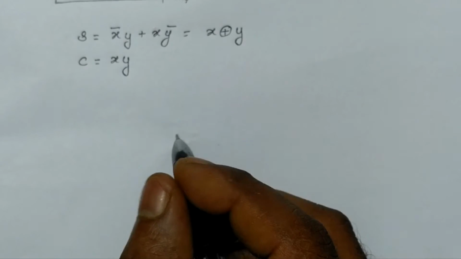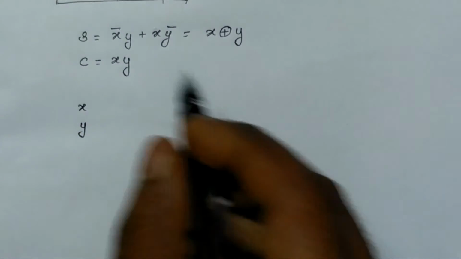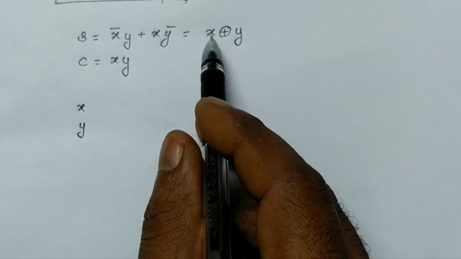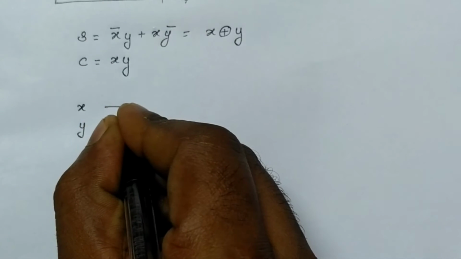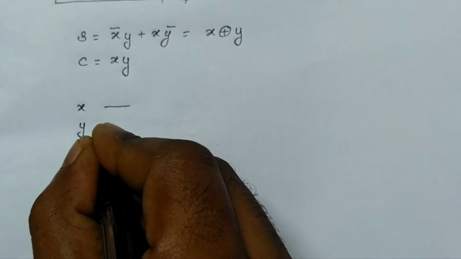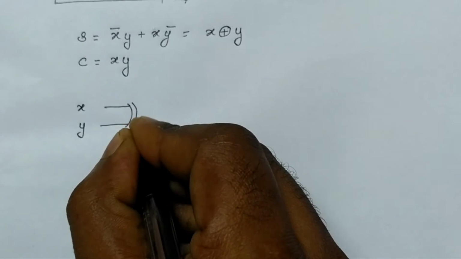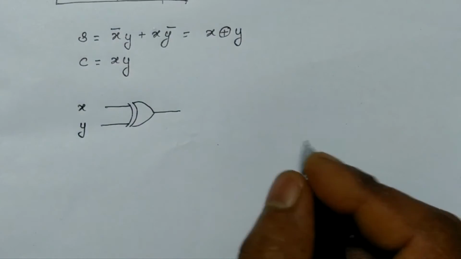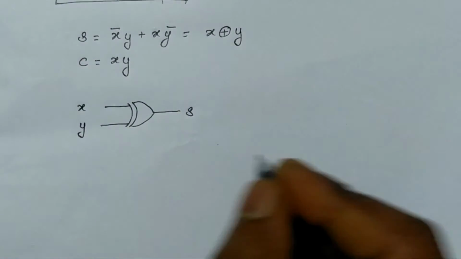Here we are having two inputs x and y. The sum is nothing but x XOR y. So here we have one input x, and second input y. If we perform XOR operation between these two inputs, we will get sum.